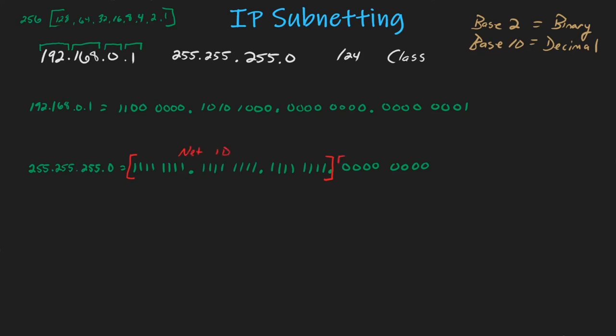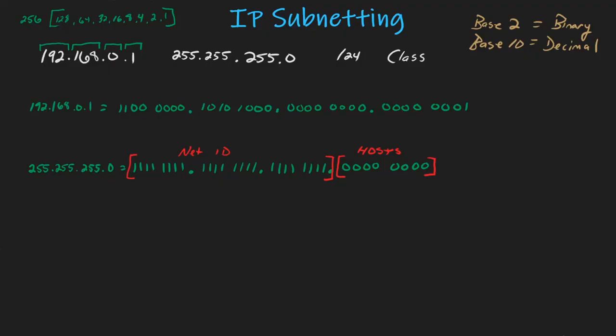And the last octet is representing the hosts. This is why this particular subnet is easy, because it's easy for the human mind to follow it. And we'll do a little bit more of a harder to follow one after this as an example.